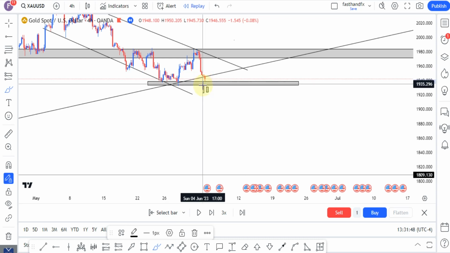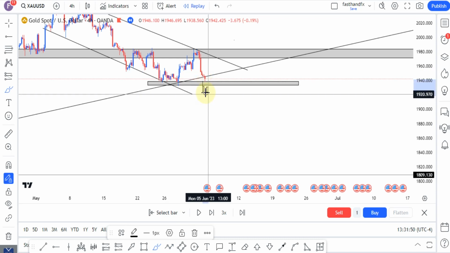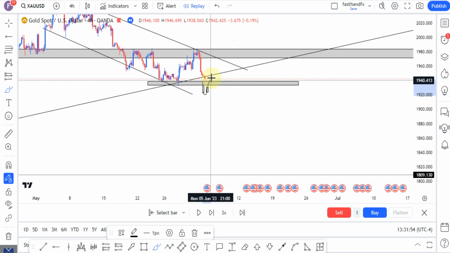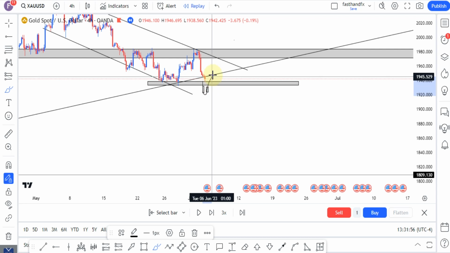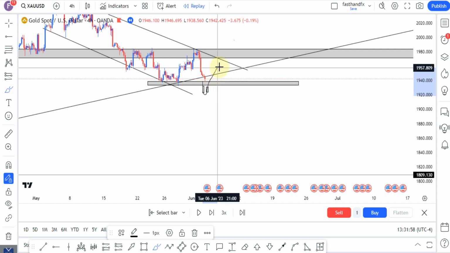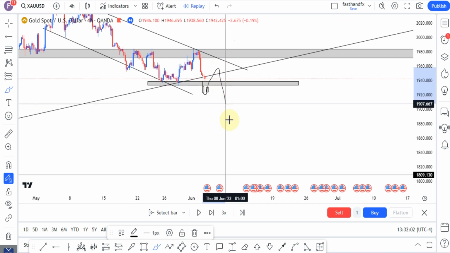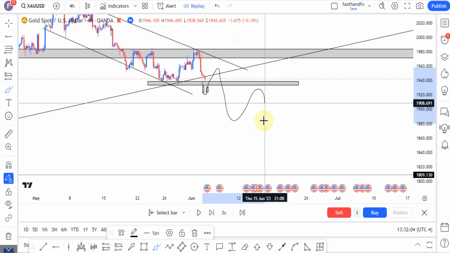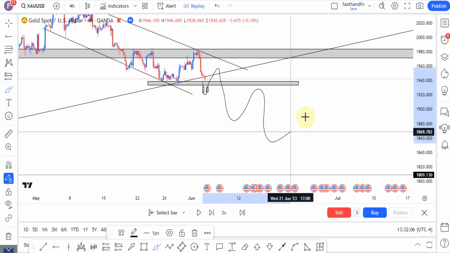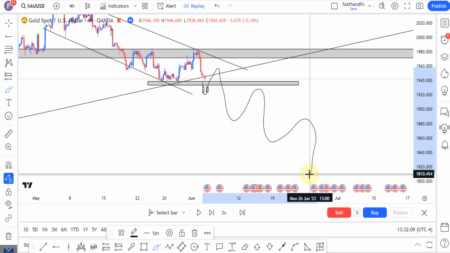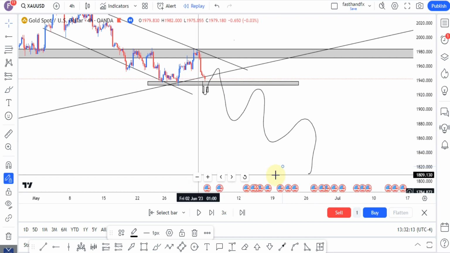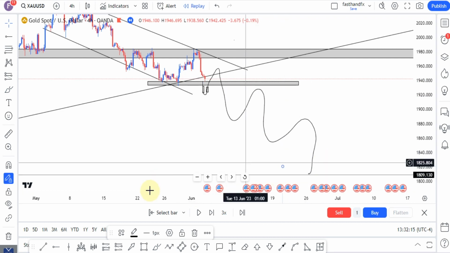So if the market does break below this area, we expect it to come back, retest here, or it can go all the way to retest this trend line before giving us this impulse move to this area down here. So this should be your first area of target.